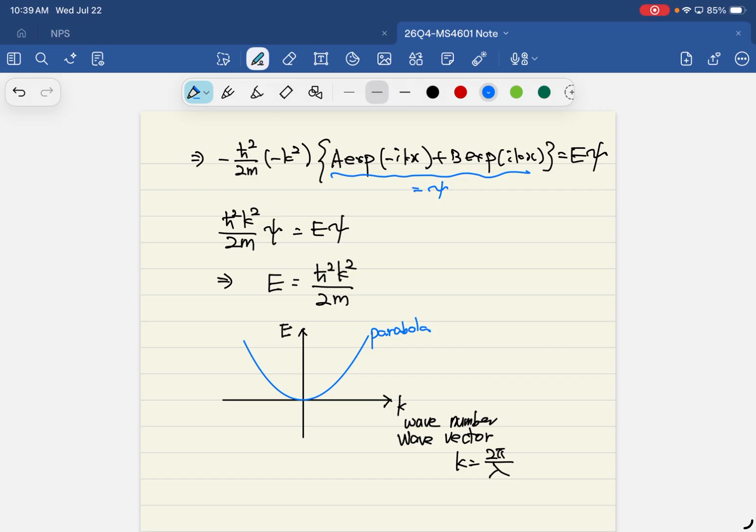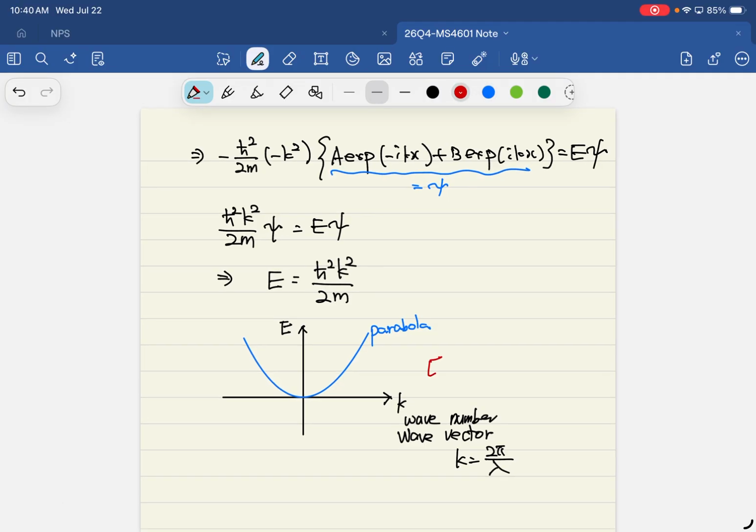Do you see that? It can take any energy, right? So energy is continuous. This is actually an important fact, because later on we are going to see when energy is no longer continuous.